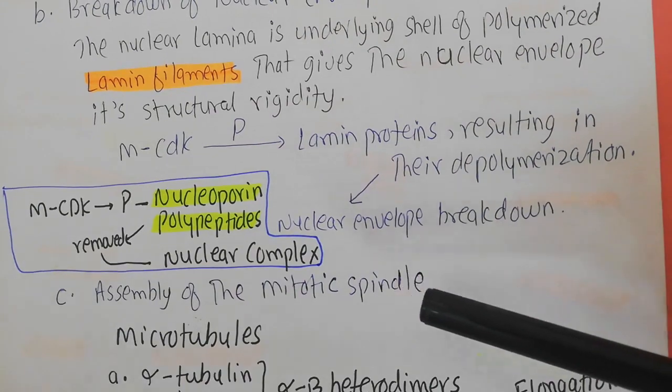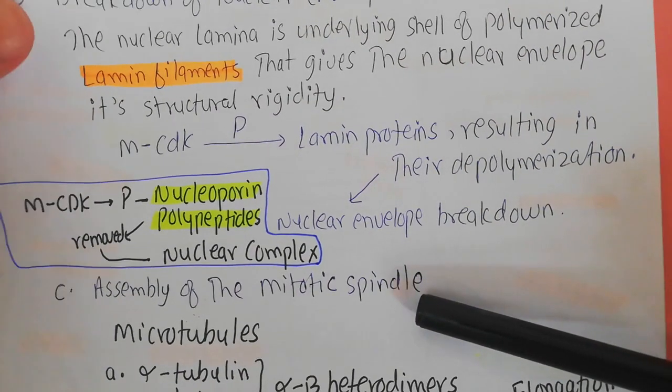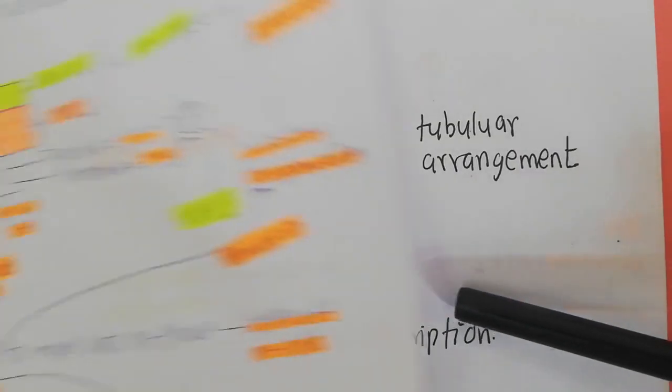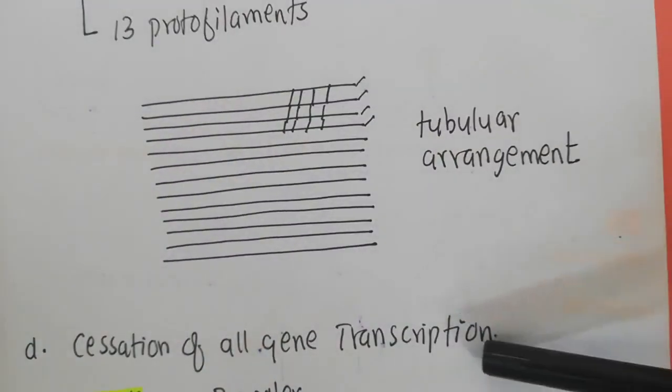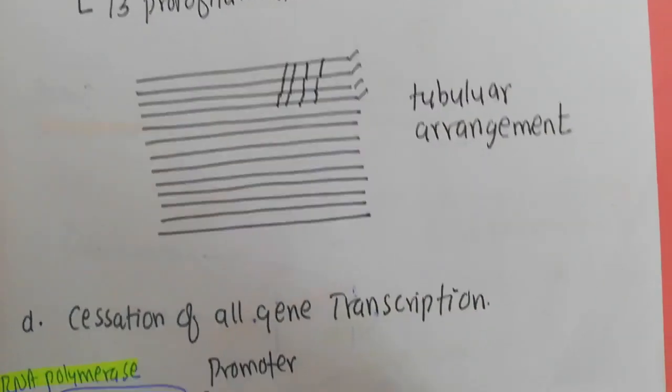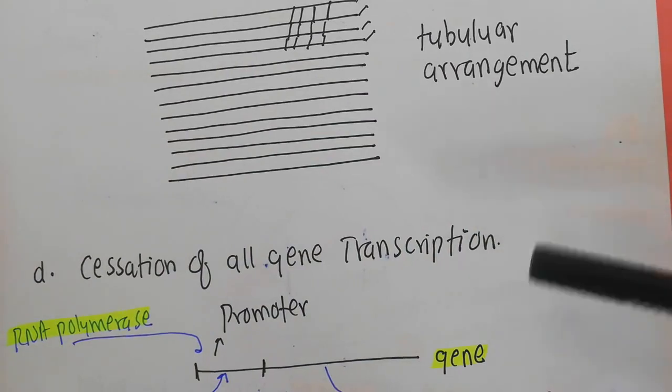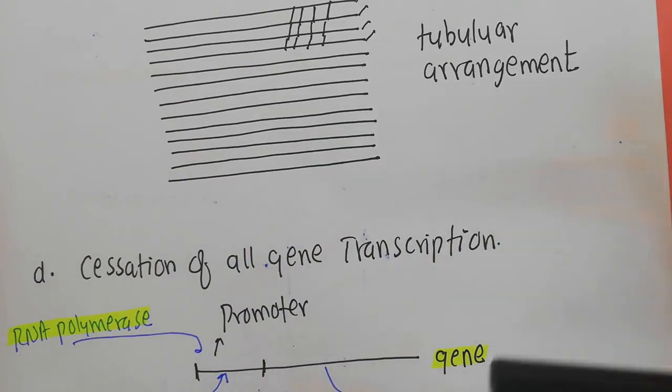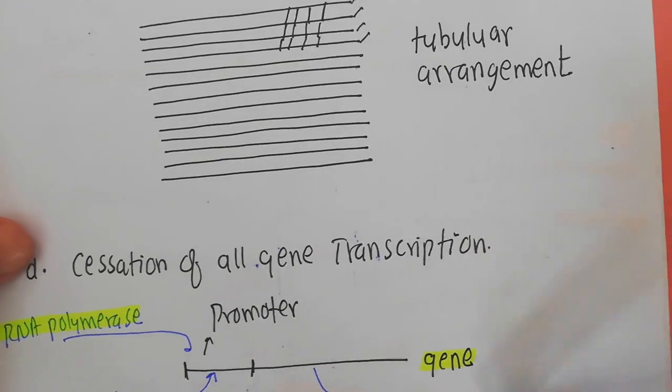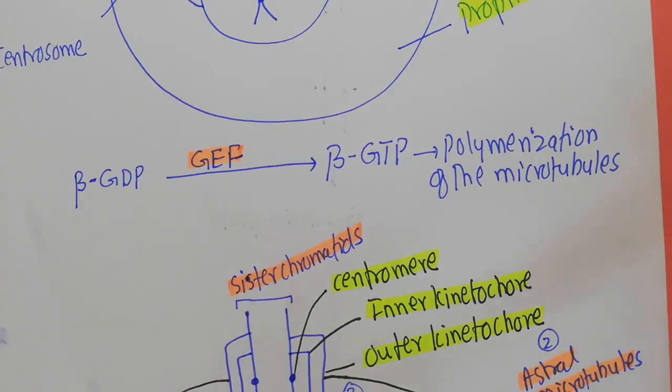Another important function was the assembly of the mitotic spindle, and the last was the cessation of all gene transcription, because when the condensation complex goes for the condensation of the genetic material, that results in the cessation of all gene transcription.